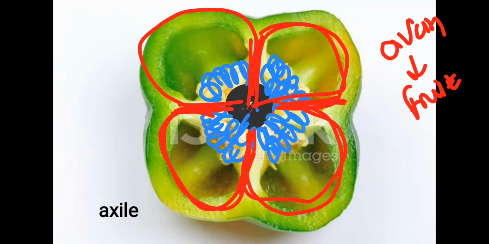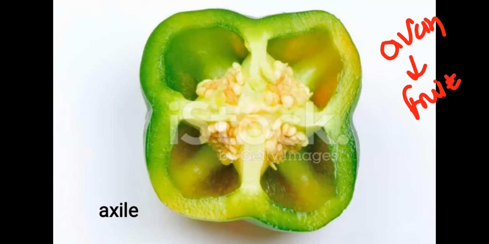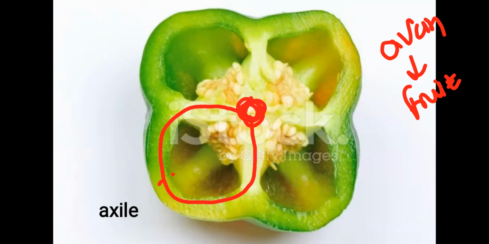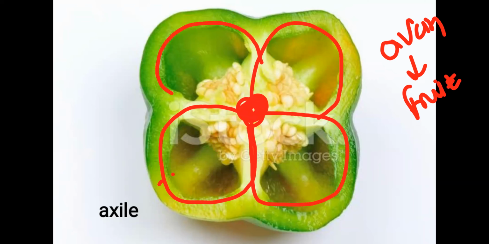Remember, here the single carpel, particularly the ovary part, is folded in such a way that they all meet at the center. And at this center position, the placenta is formed, on which the ovules are born.